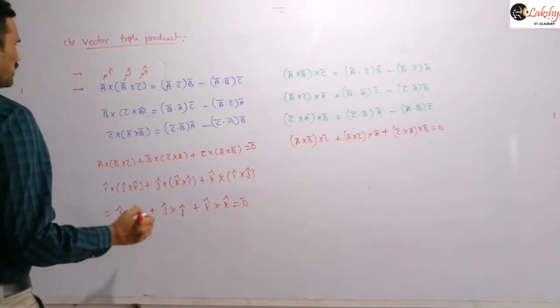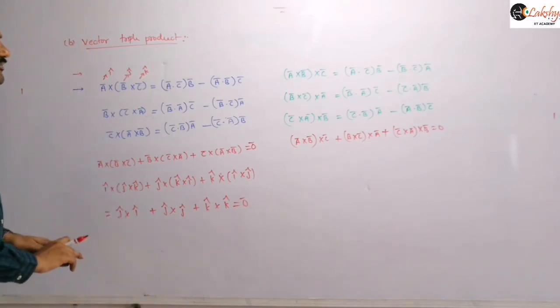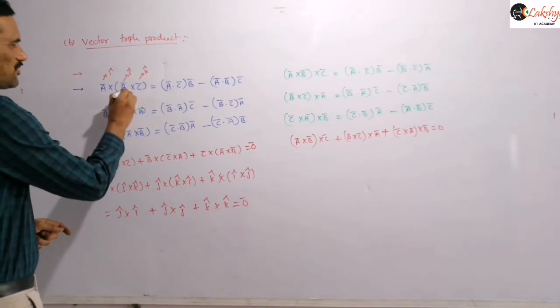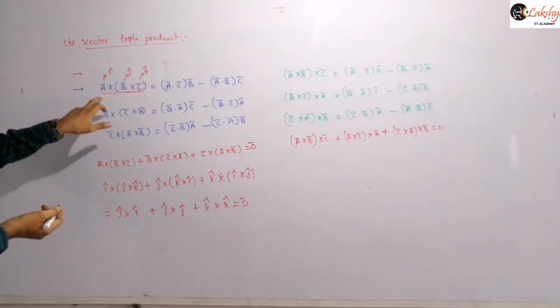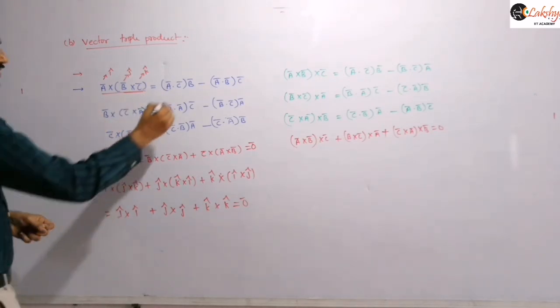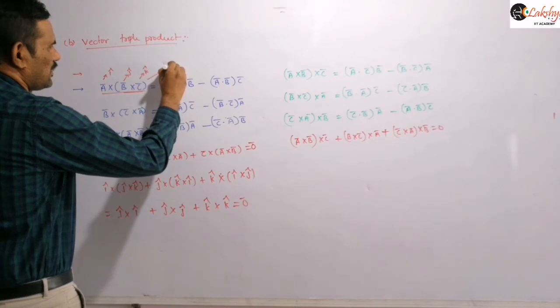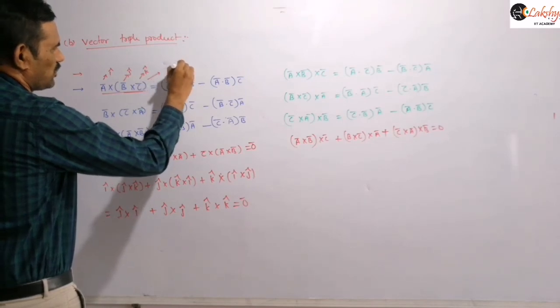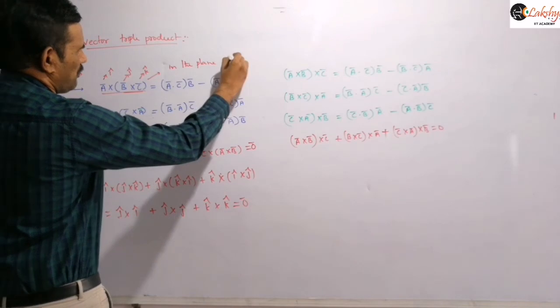Now here, if you are taking this vector, you also need to remember one point. If you are finding a bar cross of b bar cross c bar, then you can conclude that this resulting vector will be lying in the plane of b bar and c bar.